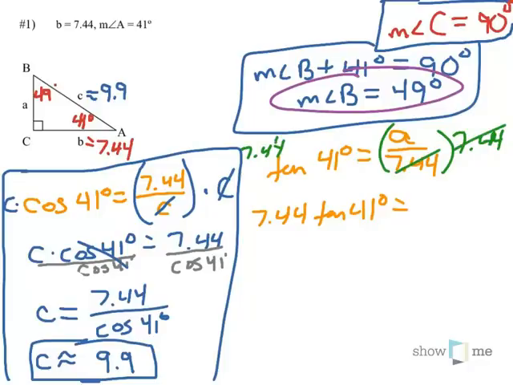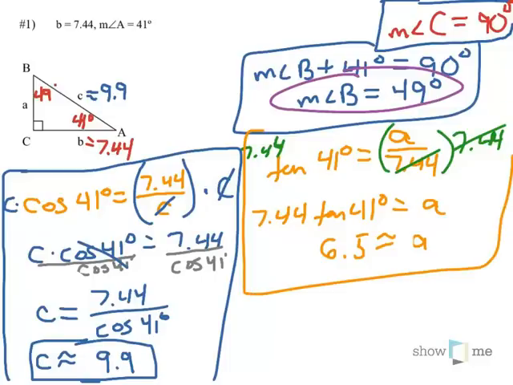On the left side, you get 7.44 tangent of 41. Put that in your calculator to the nearest tenth, you get 6.467. So 6.46 makes it round to 6.5. And this is an approximate answer, so it's best if you use an approximate sign. So it's kind of a mess, my work here, but you can see we figured out the missing measures.